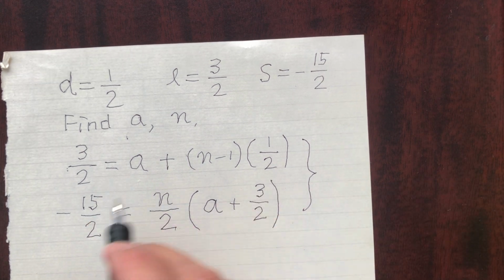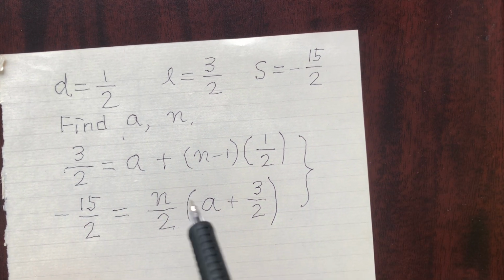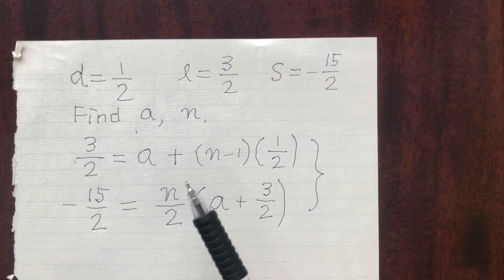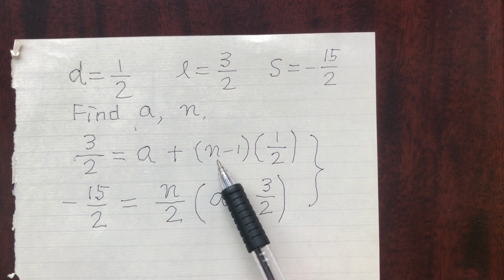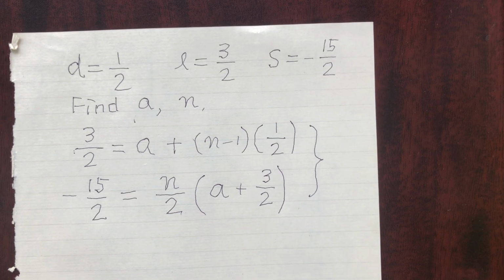So I have two equations, two unknowns. What are the two unknowns? A and n. So remember, how do you do this kind of problem? This is called systems of equations. We have two ways of solving systems of equations. One is called substitution.